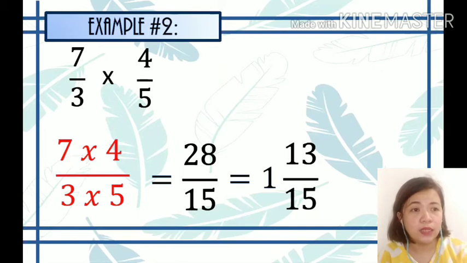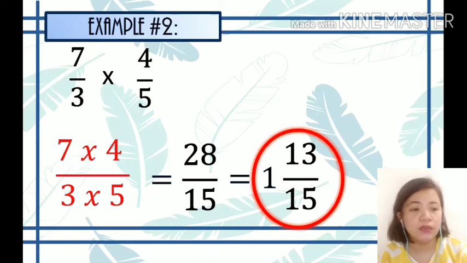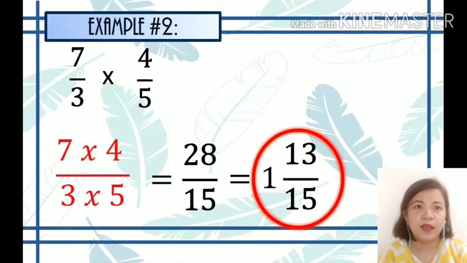The 1 here is from the quotient, 13 is from the remainder, and then 15 is from our divisor. But you also need to check if 13/15 here is in the lowest term already. Always remember that even though it's a mixed number, we should always check if our proper fraction is already in its lowest term.